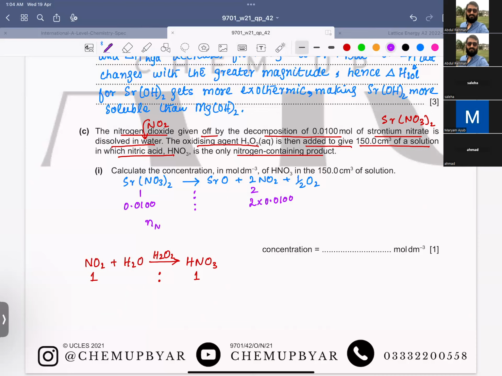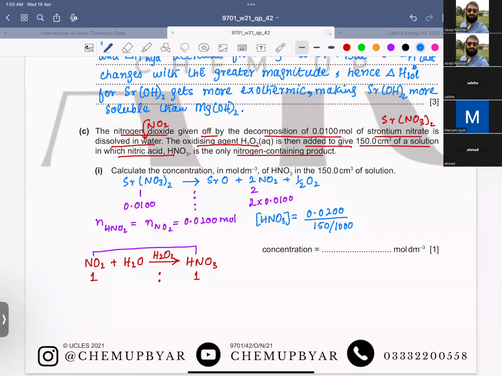If we take the ratio of nitrogen dioxide and nitric acid, they are the same, which means the number of moles of nitric acid is equal to the number of moles of nitrogen dioxide, which is 0.0200 mole. The concentration of nitric acid would be equal to the number of moles divided by the volume, which is 150 divided by 1000 to convert it into dm cube. Kindly solve it and tell me the answer, please.